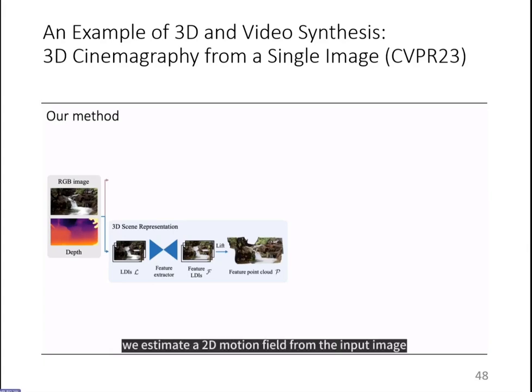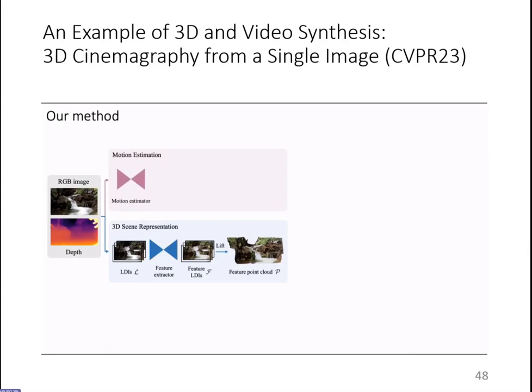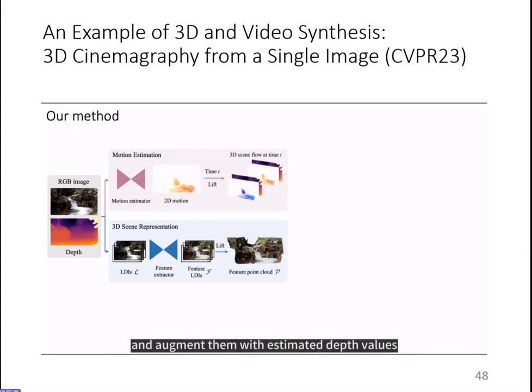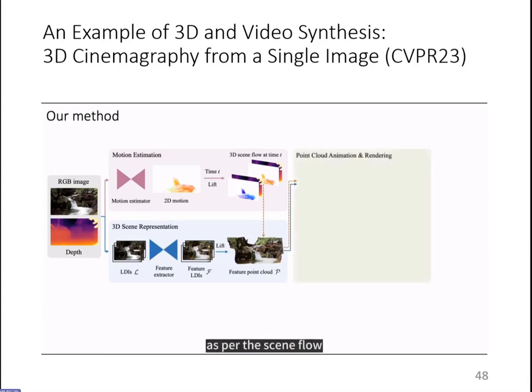To animate the scene, we estimate a 2D motion field from the input image. We then apply Euler integration to generate forward and backward displacement fields and augment them with estimated depth values to obtain 3D scene flow fields. Next, we bidirectionally displace the feature point cloud as per the scene flow.